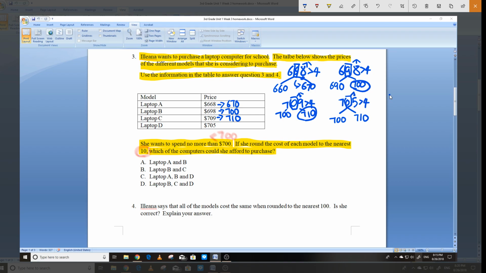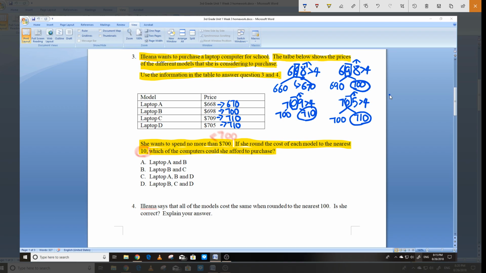So we go up, and we're going to pick 710 again. So if we are rounding each of these laptops to the 10th unit, we would get 670 for laptop A, 700 for B, 710 for C, and D.